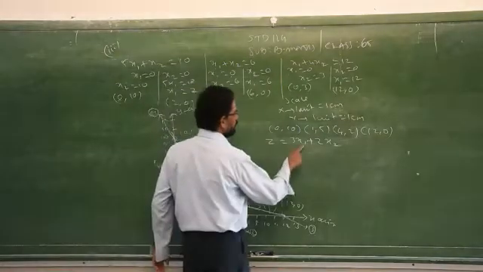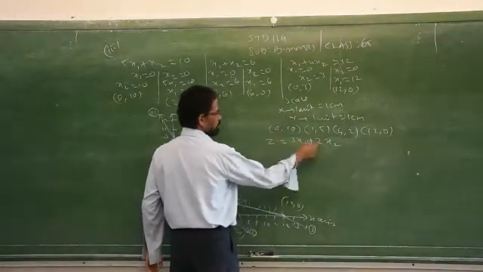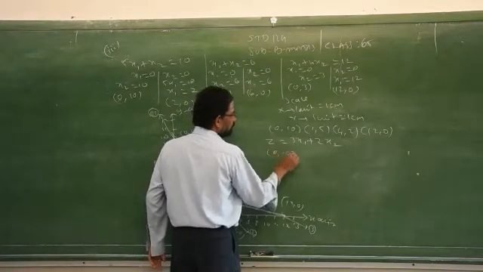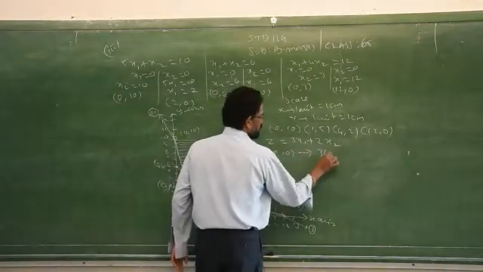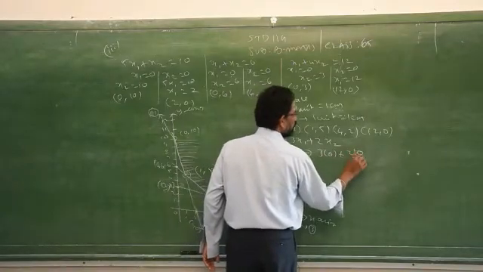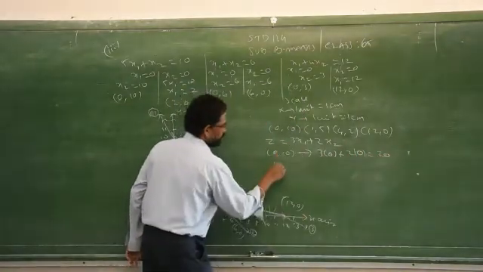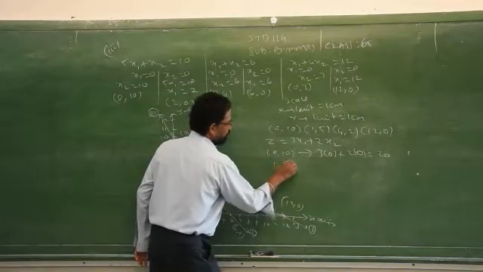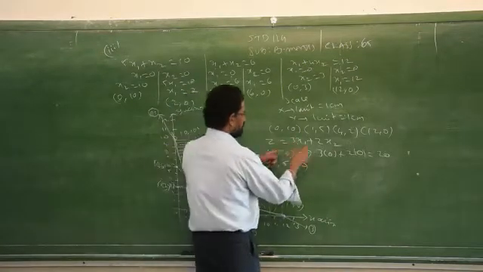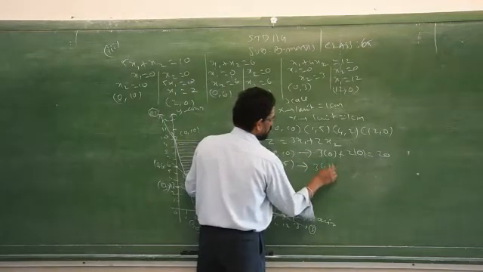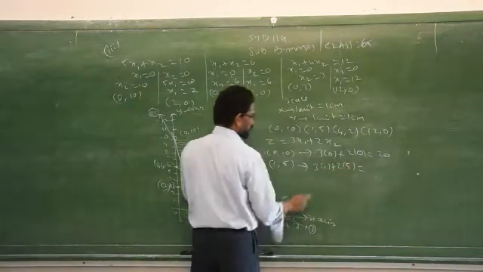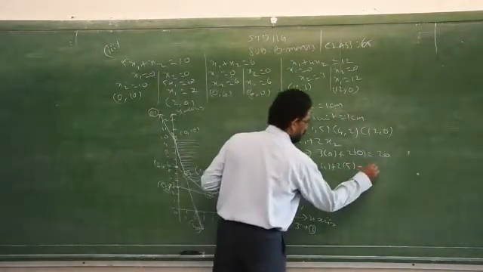Now you have to replace x1 by 0, x2 by 10. What is the answer? 0 plus 2 times 10, that is 20. What is the next point? 1, 5. Substitute in this one. 3 of 1 plus 2 of 5, which will give you 3 plus 10, that is 13.